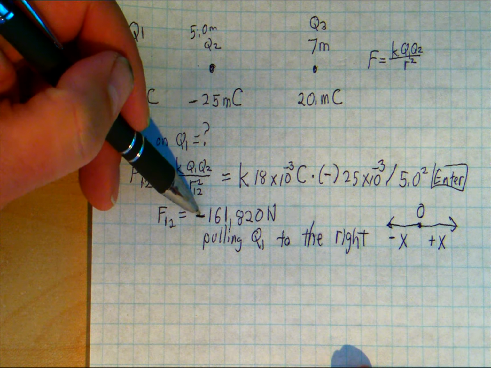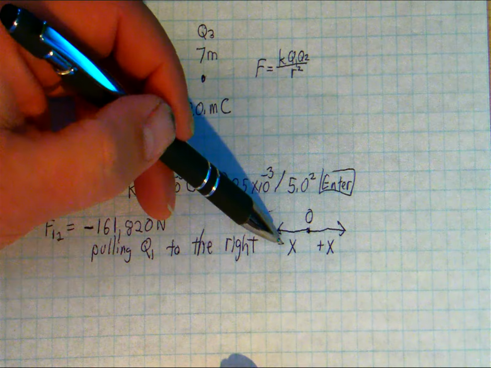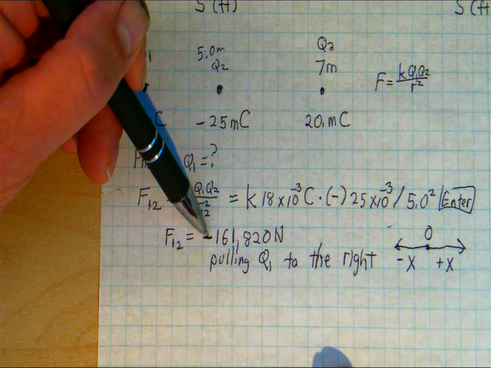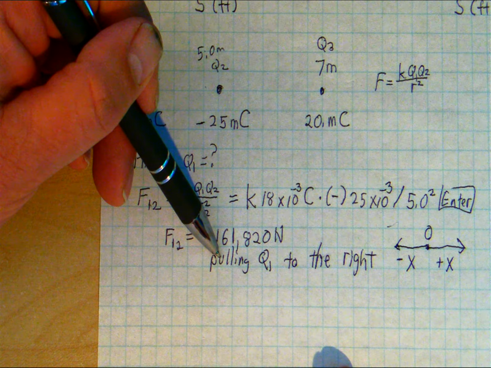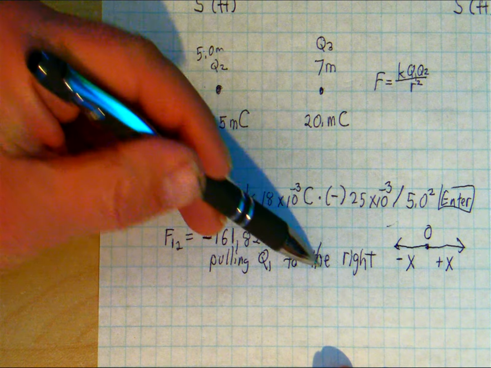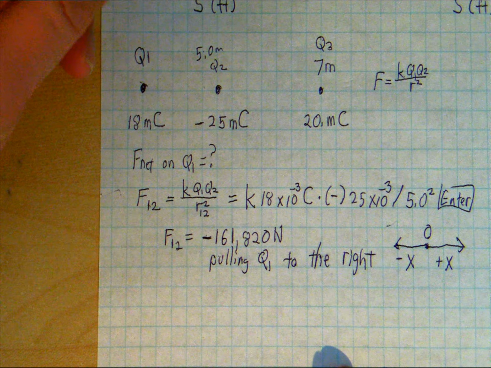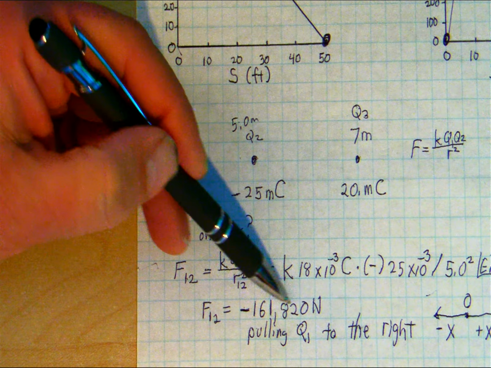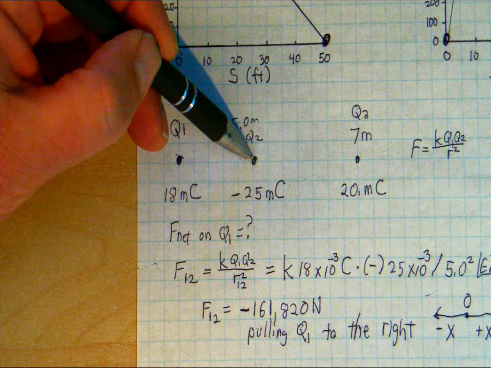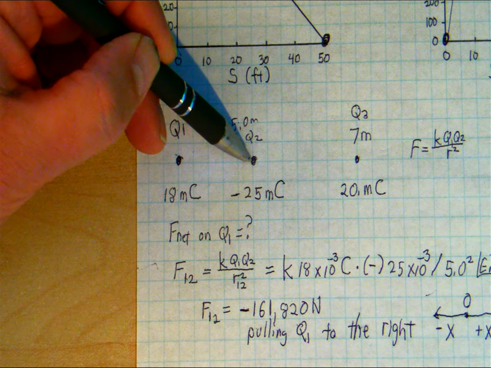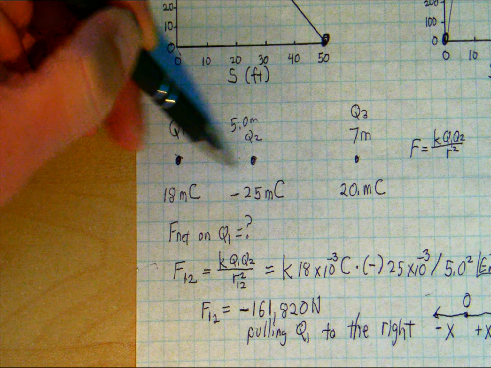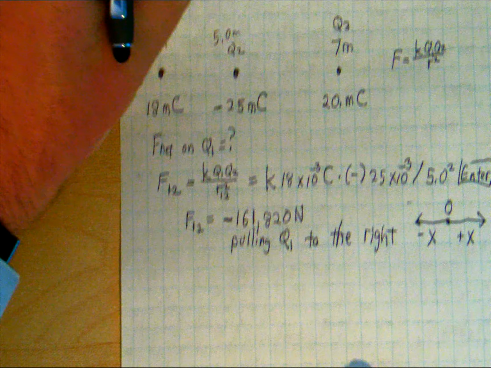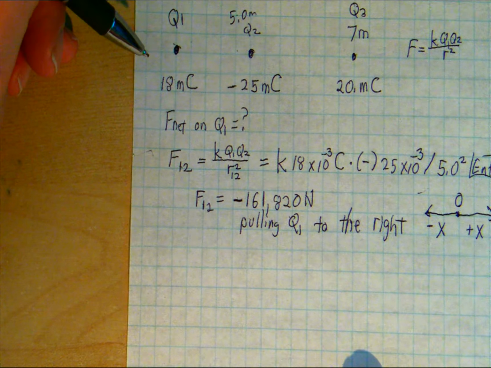So this minus sign does not mean it's going in the negative x direction. This minus sign means it is pulling Q1 to the right. And by the way, from the point of view of Q2, this same attractive force is pulling Q2 to the left. So you have to take the point of view of which charge you're standing on as you look at things.